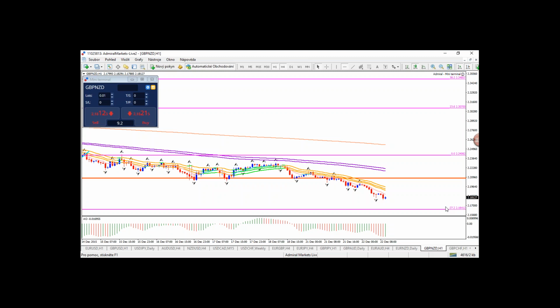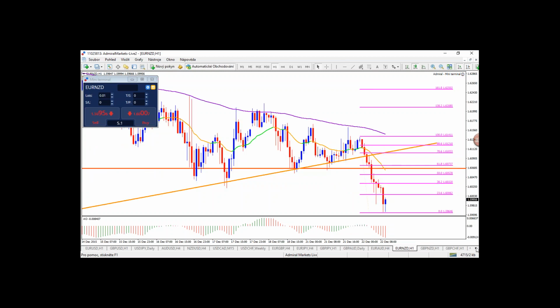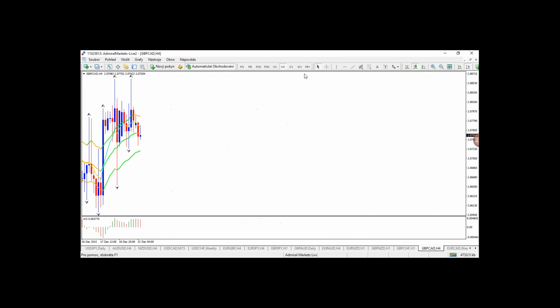A pullback into one of these fibs, I would say, could be still okay for downside. Big consolidation here. Not that interesting.